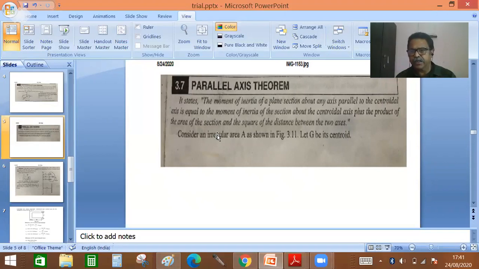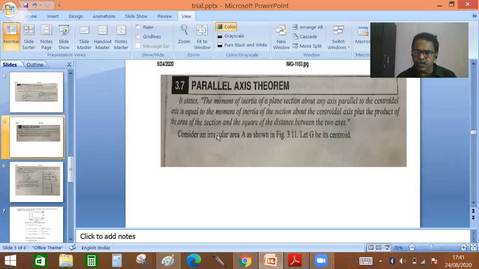Suppose Ix has a value of 10,000 and Iyy has a value of 8,000. So 8,000 is weaker than 10,000, meaning the y axis is weaker than the x axis. So failure will definitely start from the weaker section, so where the failure starts will be defined by moment of inertia.